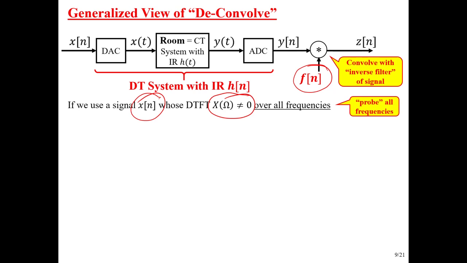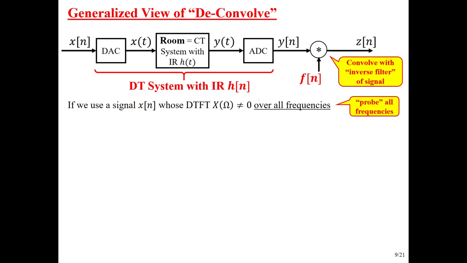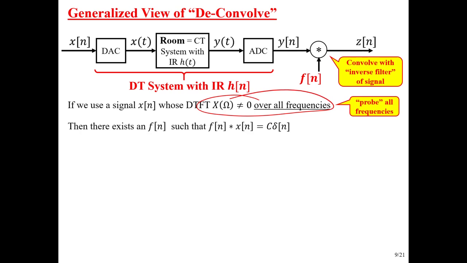Because as this signal goes through, the output here, its DTFT is equal to X of omega times H of omega. And so if there is some frequency where this is 0, then this will also be 0 at that frequency. And the question is, then what was the value of this at that frequency? Unknown. We don't know. So we need this condition so that we can probe all frequencies.